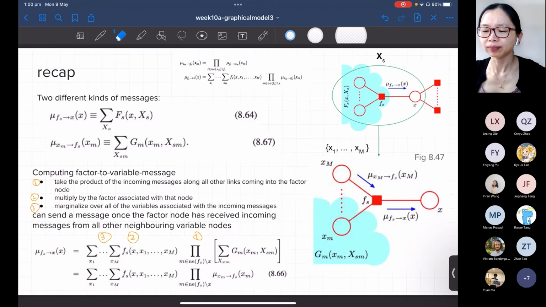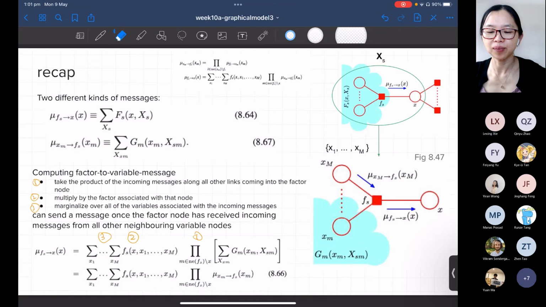If the nodes end here, of course, you use the initialization procedure to say that the node to factor message is 1. If the nodes are not leaf nodes, then you use this particular expression. So you multiply the factor to node messages to get the G term.